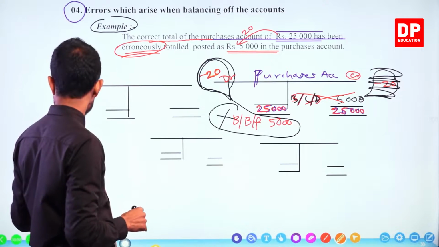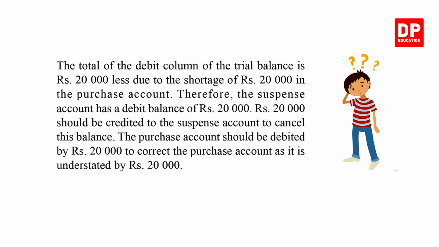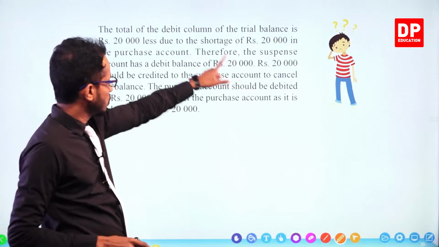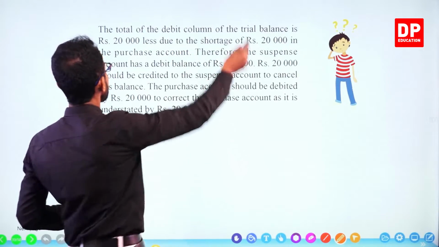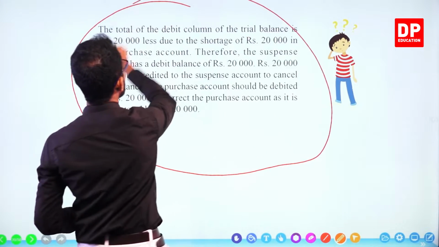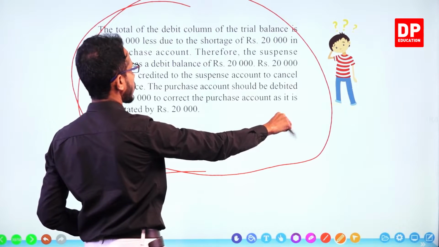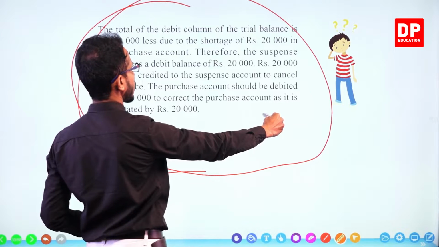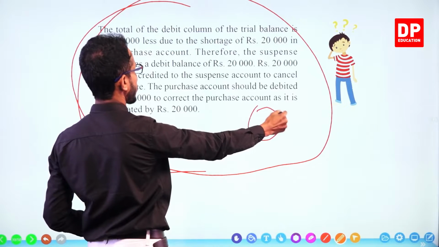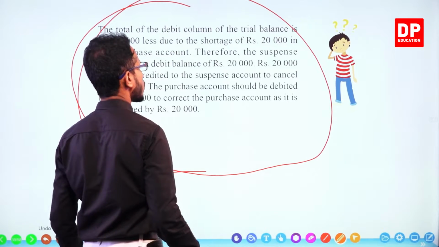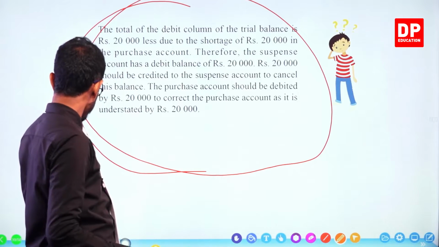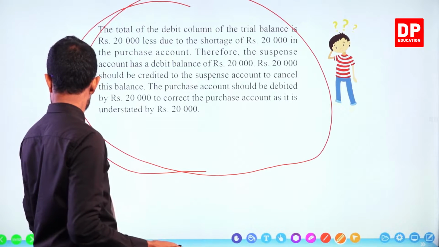Okay, let's go and see. This is the explanation, just like I explained. You can go through the text. It is in the textbook. This is in your textbook, right? Now let's see the double entry, shall we?